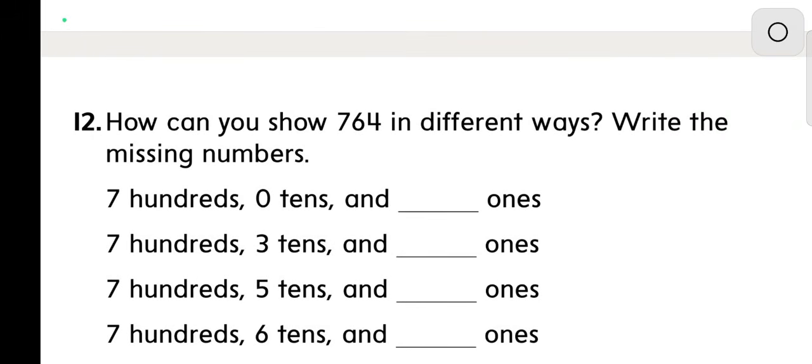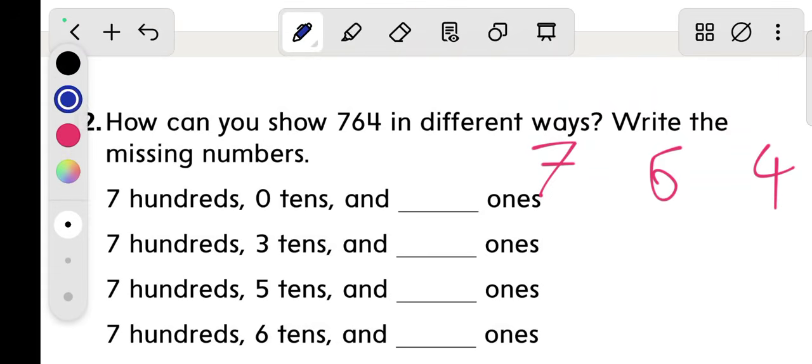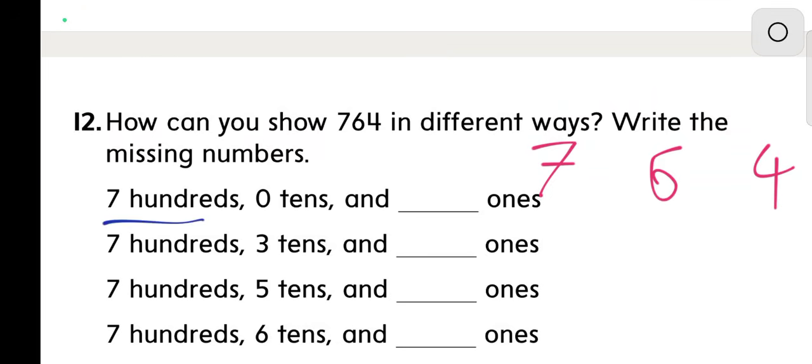How can you show 764 in different ways? Write the missing number. So important question. You have 764. Okay, he asked if you have 700, so he takes this 700, and 0 tens he takes from this 60.